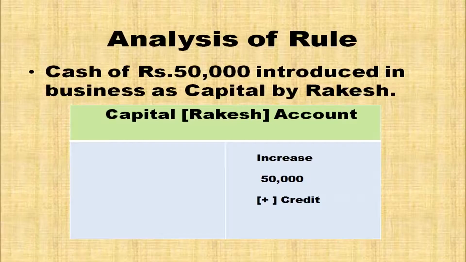Cash of rupees 50,000 introduced in business as capital by Rakesh. This is another transaction. Cash being an asset is increased. Rule for asset account: when an asset is increased, it is debited. Capital is coming inside the business. Rule for capital account: when it is increased, it is credited.